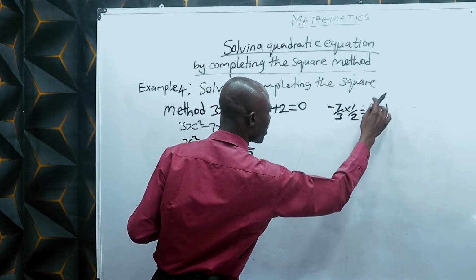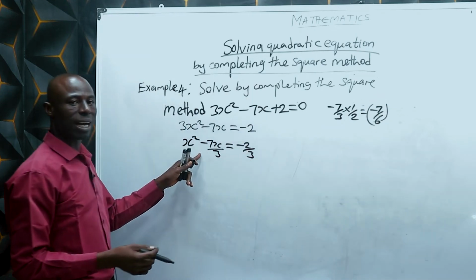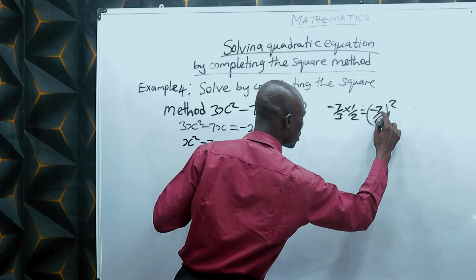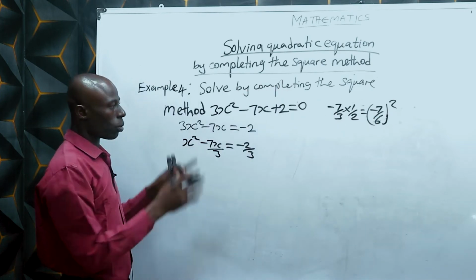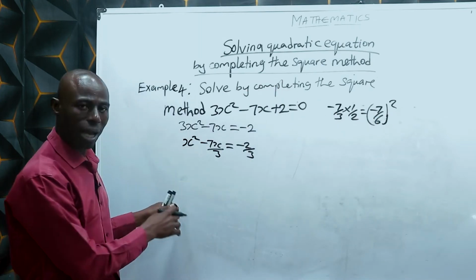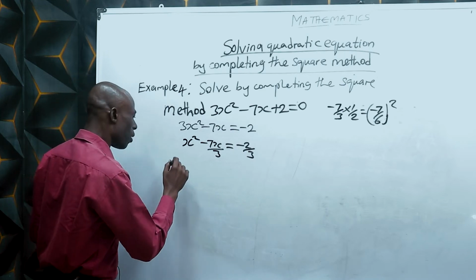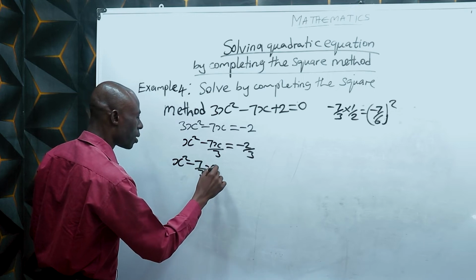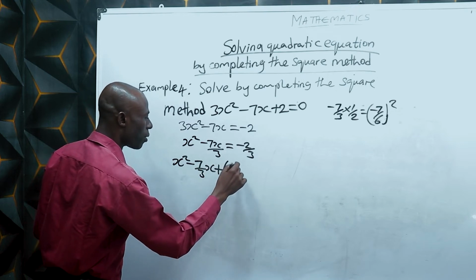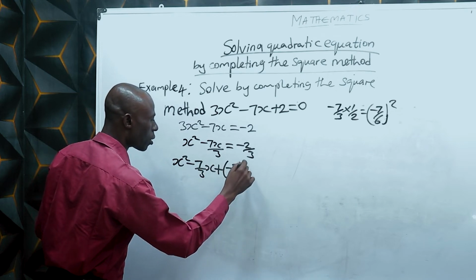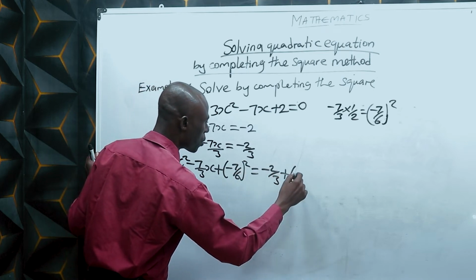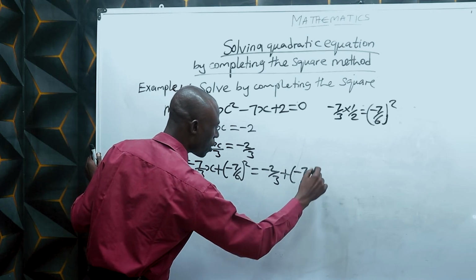So minus 7 over 6 is half of the coefficient of x at this level. We are now to square it, put power 2 on it. That is what we have to add to both sides. So we have x squared minus 7 over 3 x plus minus 7 over 6 all squared, equals minus 2 over 3 plus minus 7 over 6 all squared.